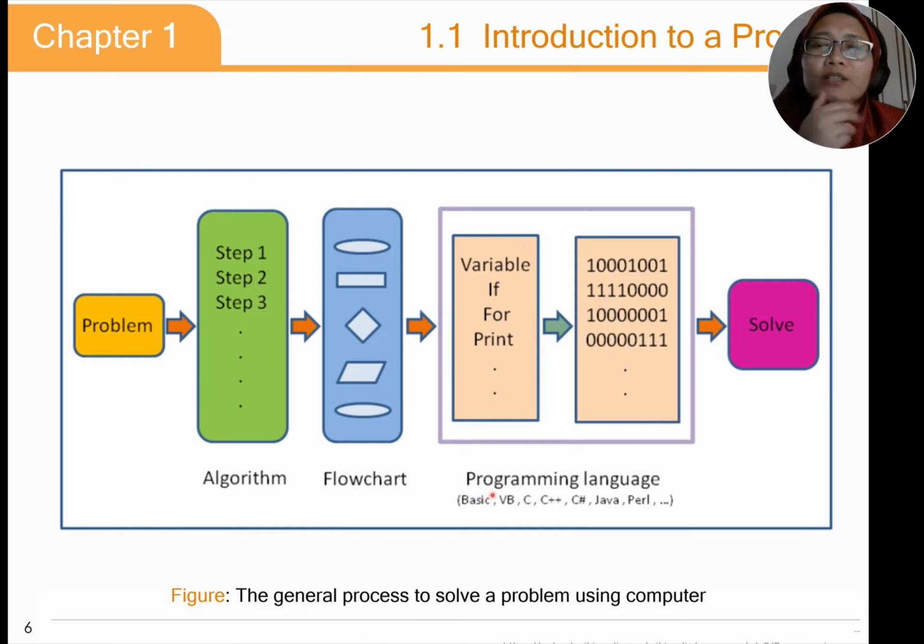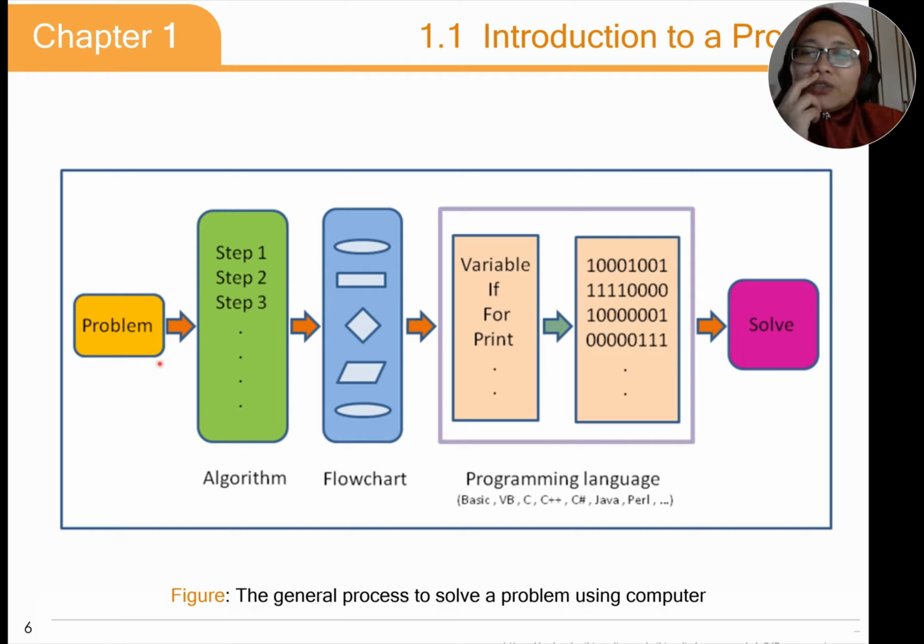So this is another figure. It's actually a more detailed part of the previous figure. This is the general process to solve a problem using a computer. Here we have a problem and we need to solve it, and this is the solution.